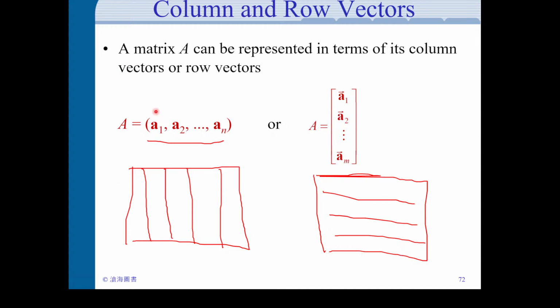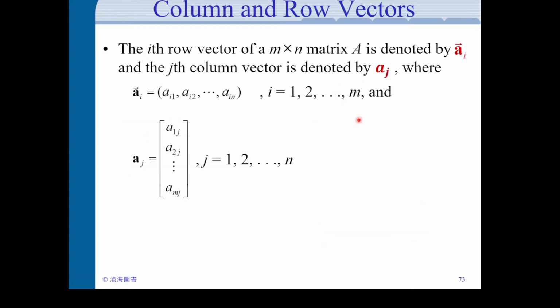Okay, so column vectors and row vectors. You just need to memorize that row vectors are the vectors with an arrow on top.